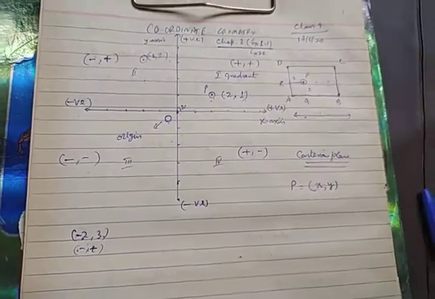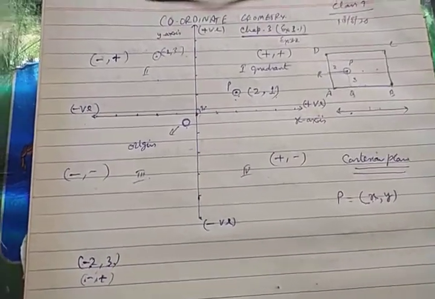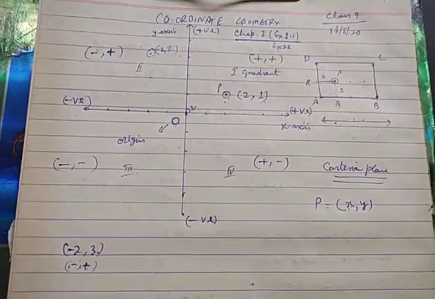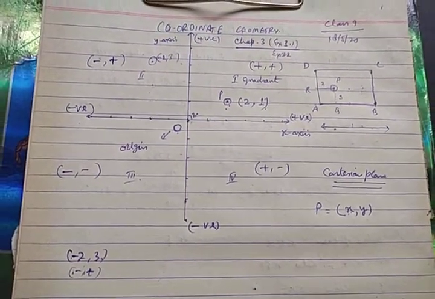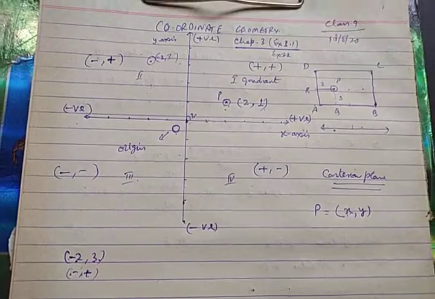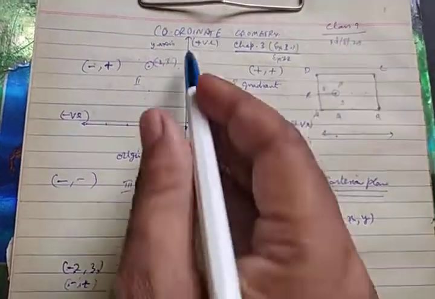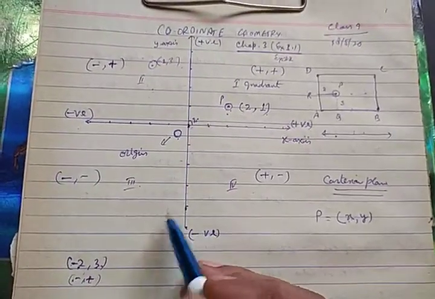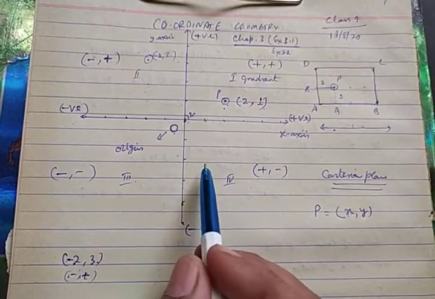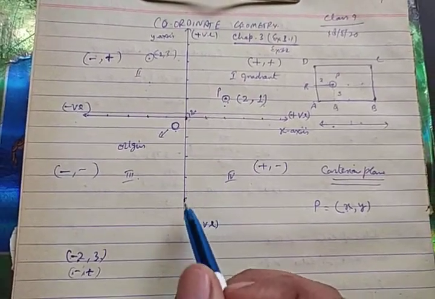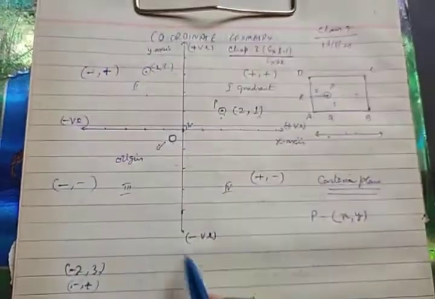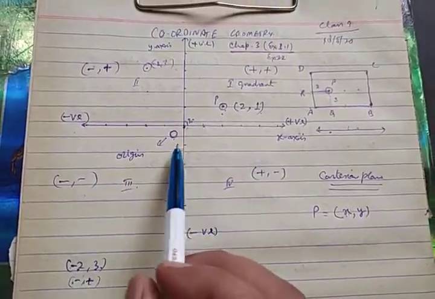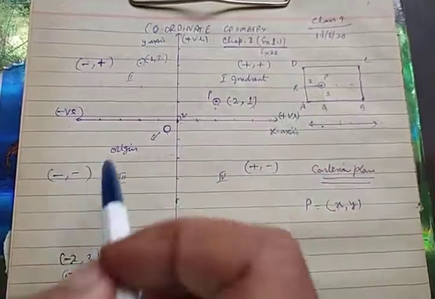In exercise 3.2 there are 1 or 2 questions, I think, that are simply to read the values given in the graph, and on your graph paper this system will be drawn. Here I am taking plain paper, but when you are doing your work you should take graph paper, where you will get a lot of horizontal and vertical lines.